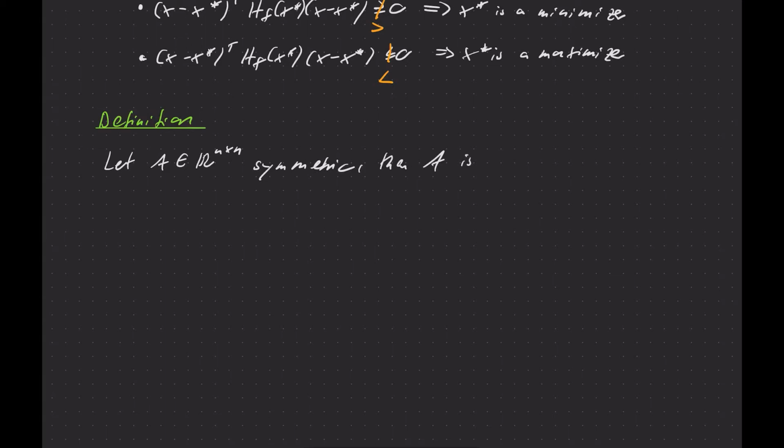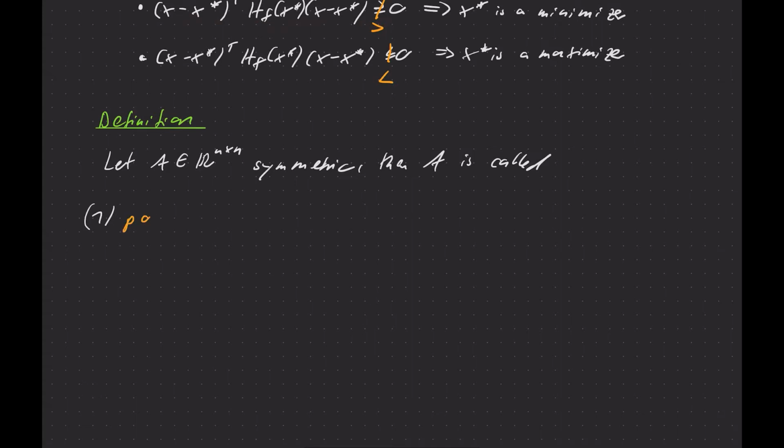Then A is called, well, first possibility. We call A positive definite if this property here holds, basically, with strict inequality.